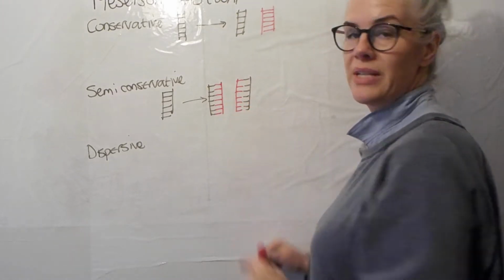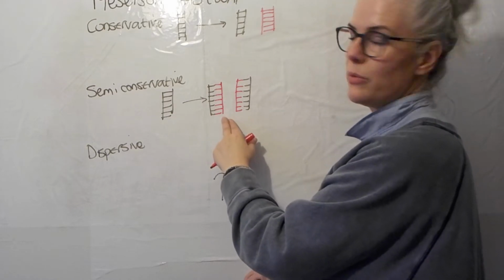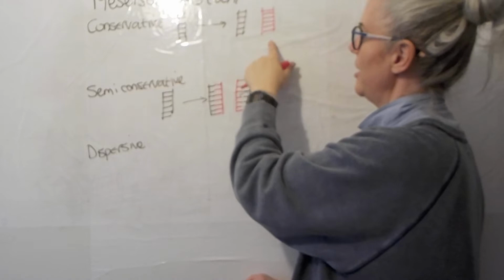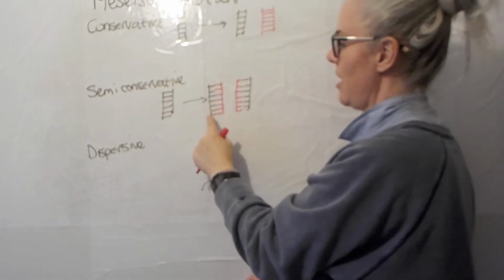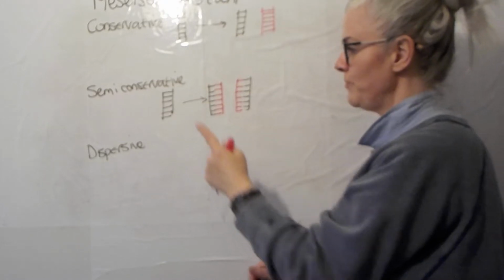And so the new DNA will be half original and half new. Here you get a whole original and a whole new. This one is half original, half new, half original, half new.